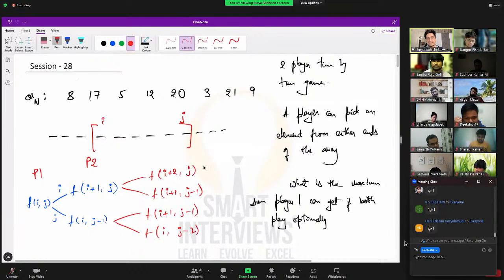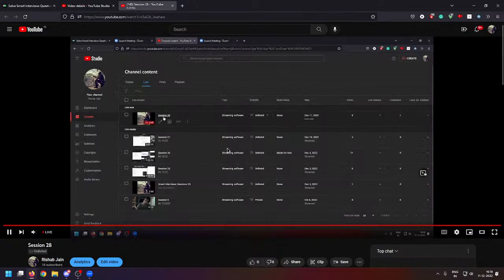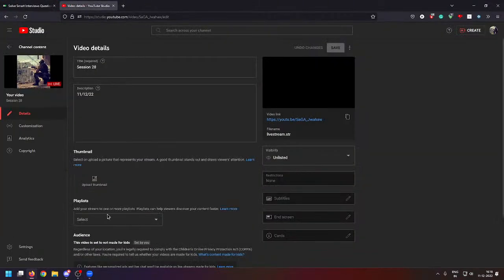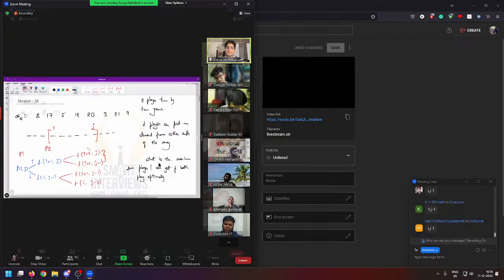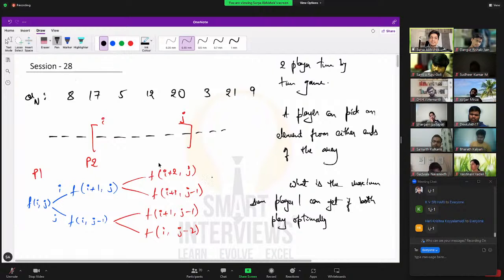Now you need to think like this. When I am here at I to J, this is not my subproblem. That is player 2's subproblem. This is my subproblem again. But the problem here is player 2 will make sure that out of these two states, for example, let's say you picked I and you give this to player 2, out of these two states, he will give you whichever is the minimum.